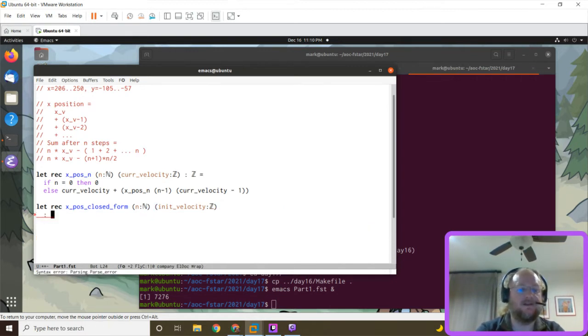All right, so this is a lemma, and what we want to say is x pos n at time n with init velocity is equal to n multiplied by the init velocity, which I called xv above, minus n plus 1.